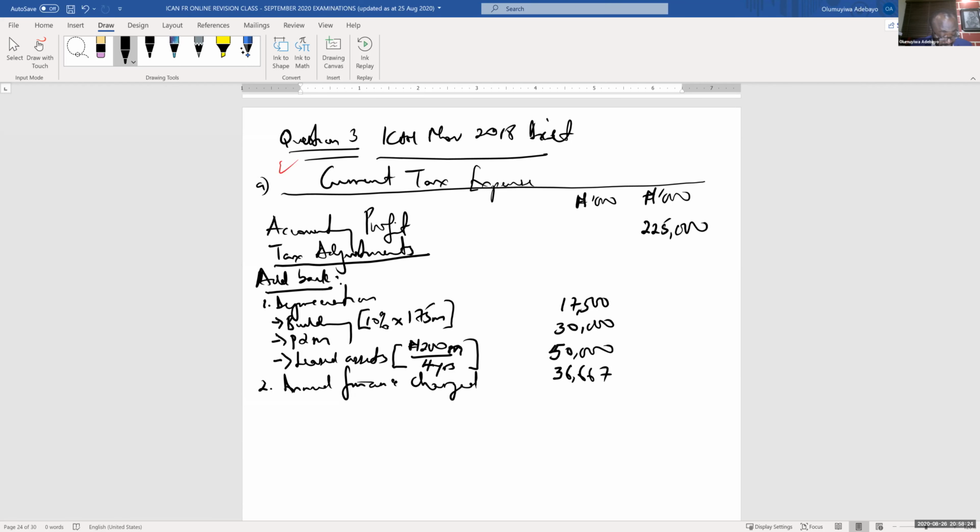Yeah, in the receivable, we have interest receivable of 2.5 million. Now, in this regard, we are also given information that there was no opening balance with respect to this interest receivable.